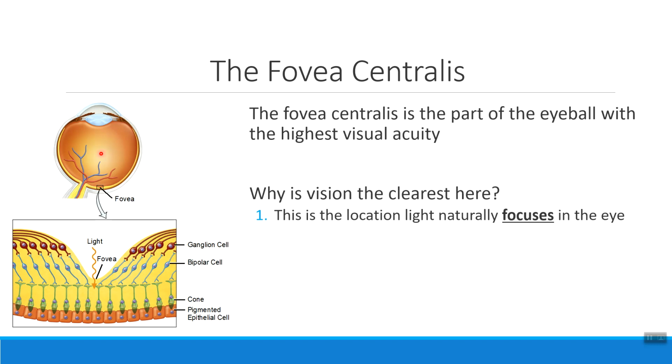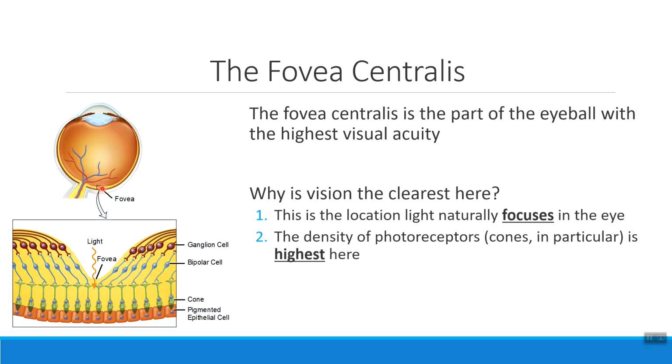The lens bends that light, and a lot of it gets focused on the fovea centralis. The next reason though, is that the fovea centralis is the location where we have the most cones. So the highest concentration or the highest density of my light detecting cells is found in this location. There's many, many cones at this location.